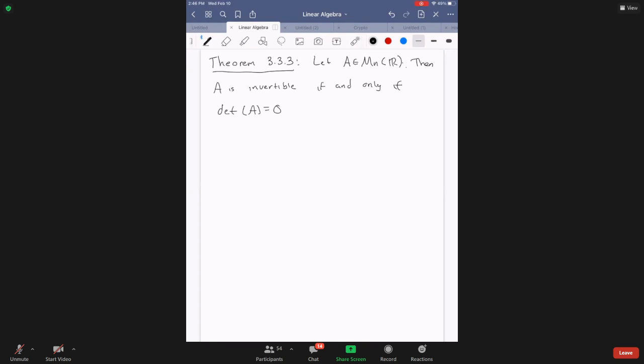Okay, and then for the last thing, we'll do Theorem 0.3.4, and this will be the last one I do.